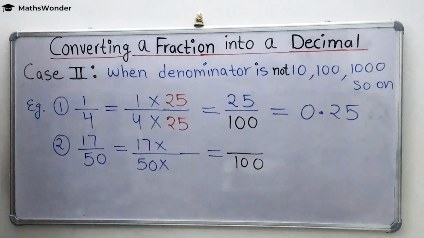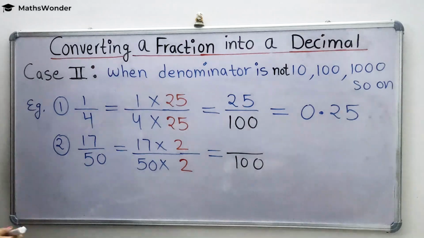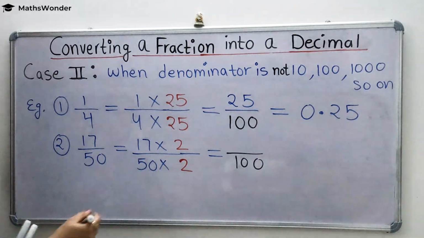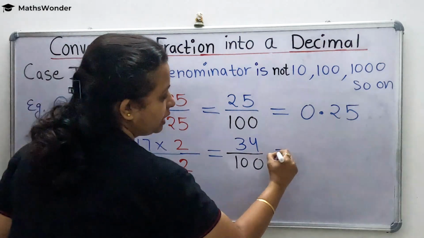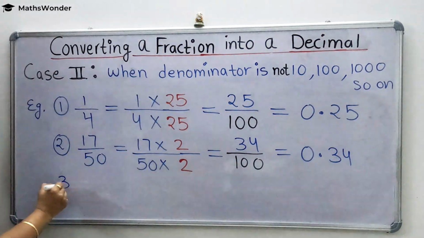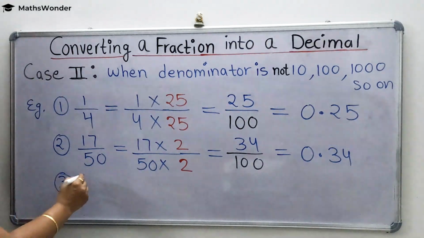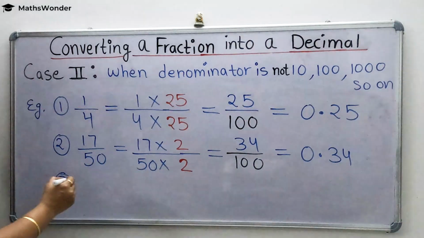So go for it. 50 times what will give 100? Yes, 50 times 2 will give 100. So 17 times 2 will be 34. And you know how to convert it easily. This is the second. Now the third example is, suppose we have 6 over 8.